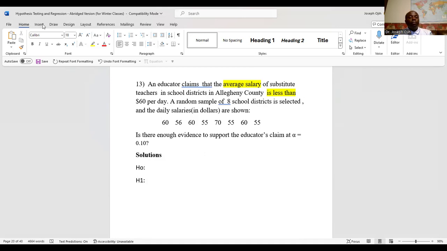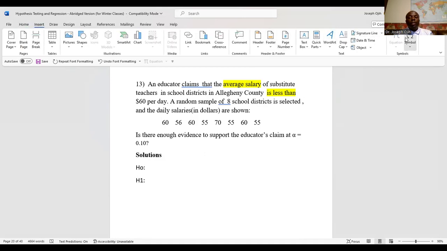So we're going to put: mean is less than $60 per day. And that is the claim.